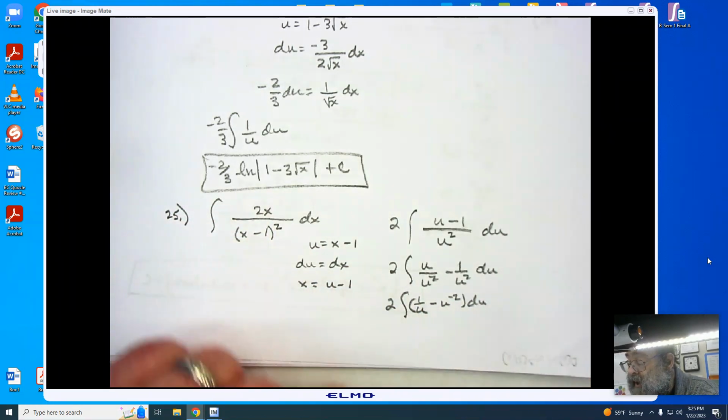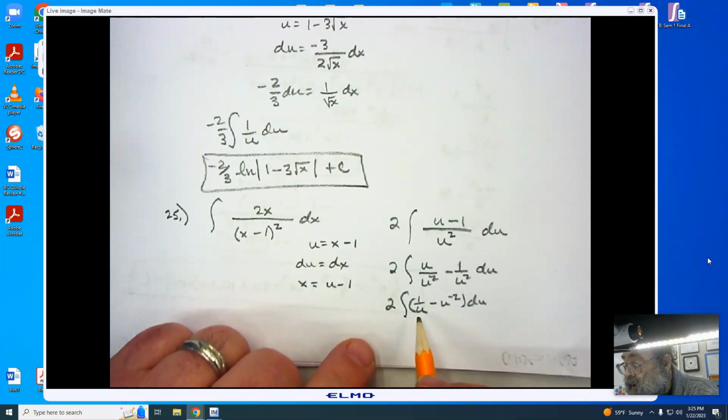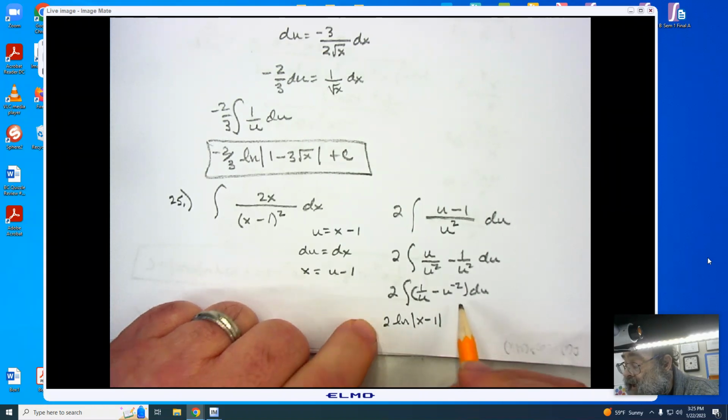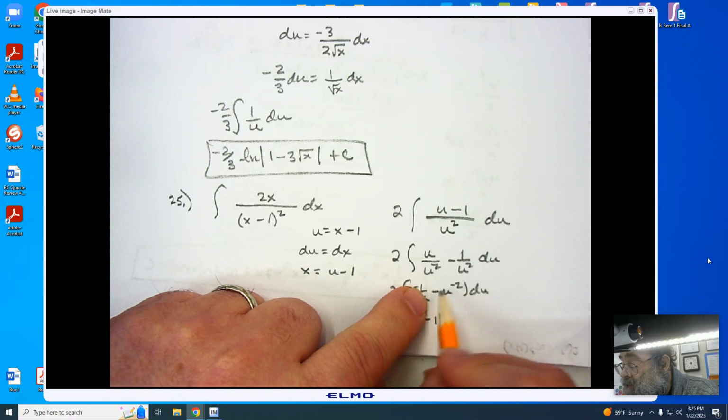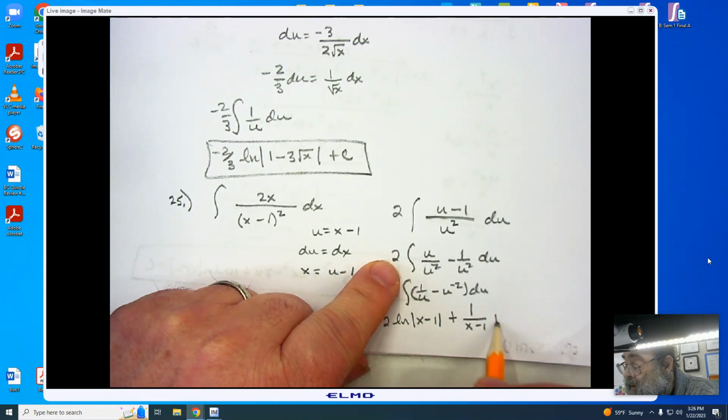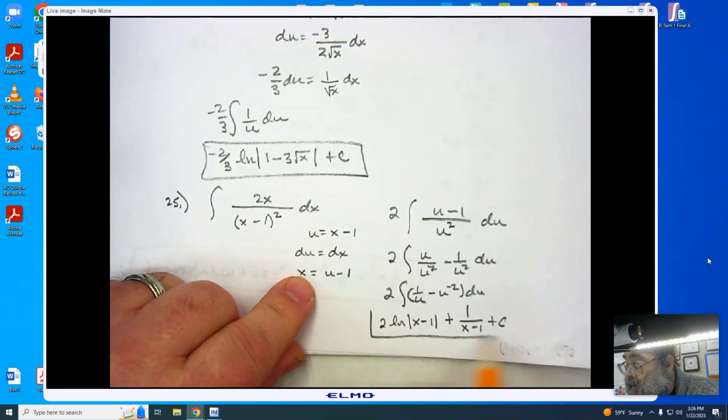Remember to always change that to our power. So here we go. 2 natural log of whatever our u was, x minus 1. And then we have this integration. Adding 1 dividing by the new power is negative 1 over u, and that's x minus 1 plus c.